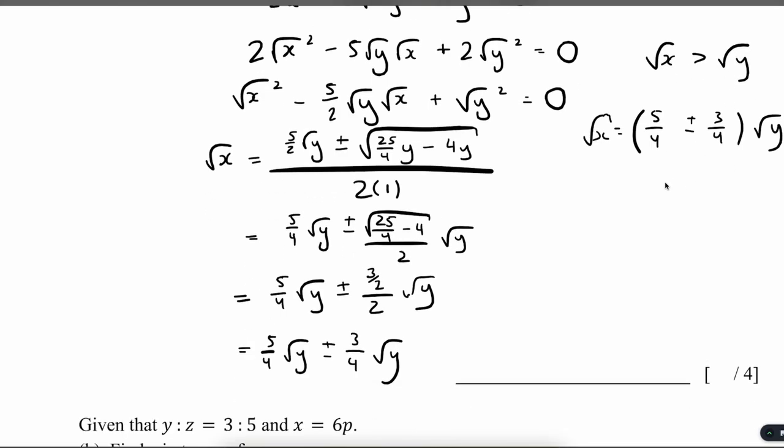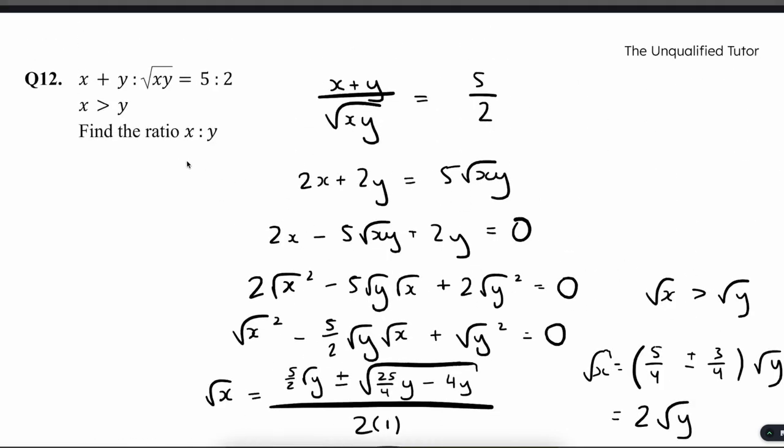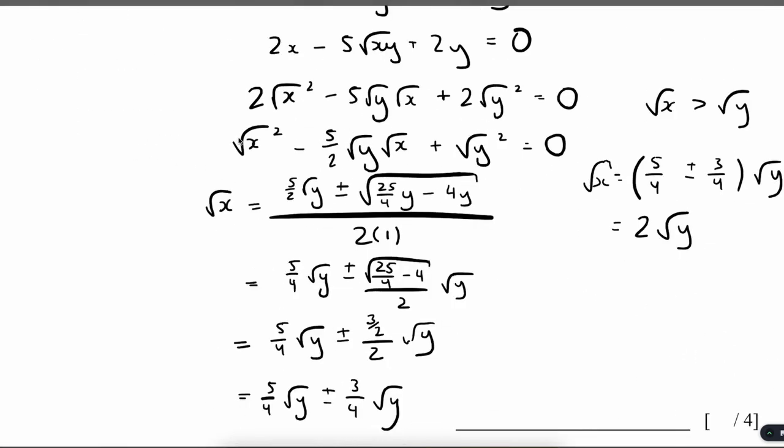So using that fact, if we go with the negative, we'll get root x equals a half root y, which would mean that root x is smaller than root y, which isn't correct. So we're going to go with the positive value. So 5 plus 3 is 8 over 4, so that's going to be 2 root y. Now the question was find the ratio x to y, so we're going to square both sides. So we get x equals 4y.